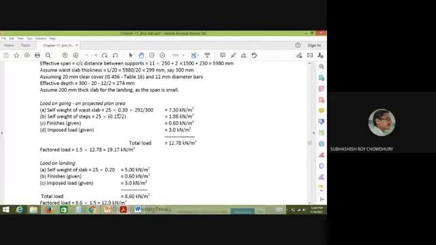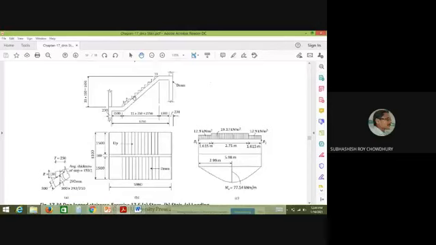Now it is 0.5 by 2. What is 0.5? 0.5 is the riser. What you should actually do is calculate the area of this triangular part. So the area is half into 0.15 into 0.25, and the width of the step, say you consider 1. So 0.15 into 0.25 into 1 is something meter cube, into 25. So 0.15 into 0.25 into 25 will be the weight, and that is considered over this 250 millimeter width.